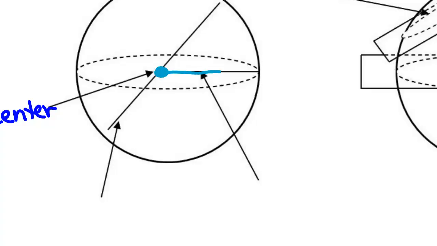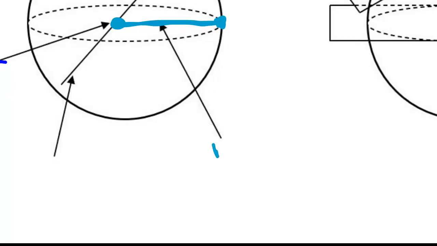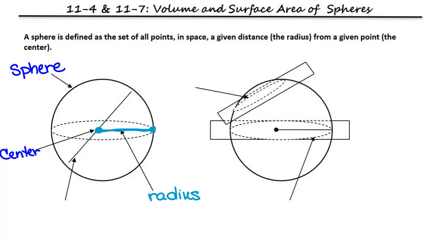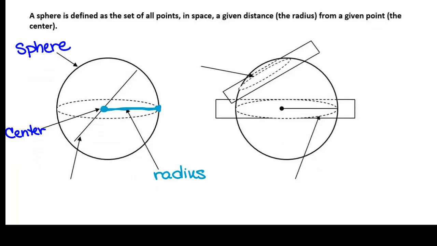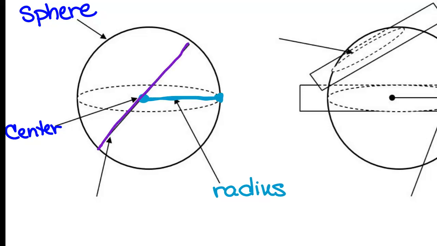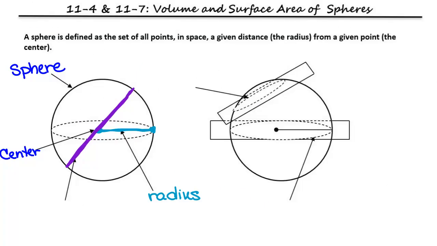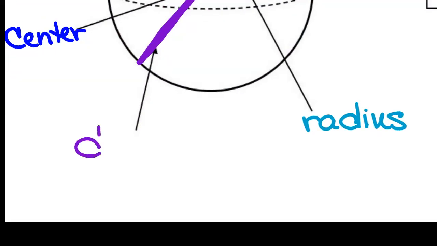And from the center to the edge of the sphere is a radius. If I go from edge to edge on the sphere and I make sure to go right through the center, what do you think we call that? Diameter, yes.